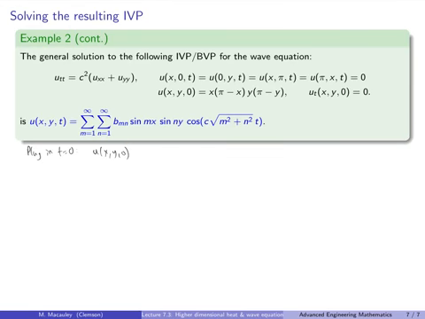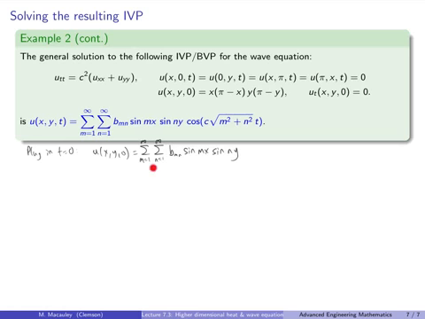So this is unchanged. The cosine term goes to 1 because cosine of 0 is 1. So we get this. I'm going to write this as a double sum now just because that's what I did above. Again, it really doesn't matter. So this is bmn sine of mx sine of ny.